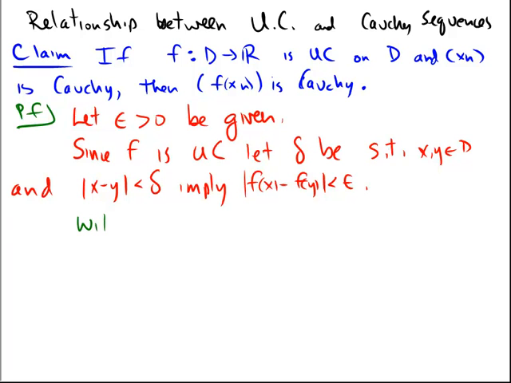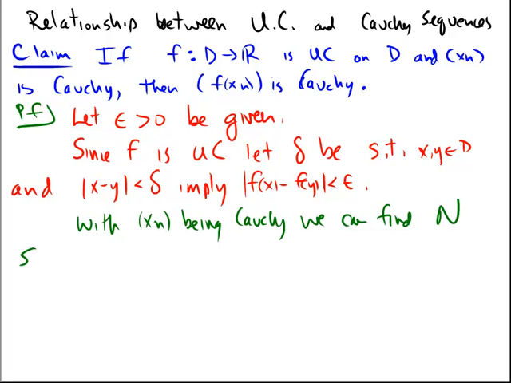So with xn being Cauchy, what do we get from there? We can find a capital N such that xn minus xm can be made less than any positive number, in particular delta, for n and m bigger than or equal to capital N. Right?